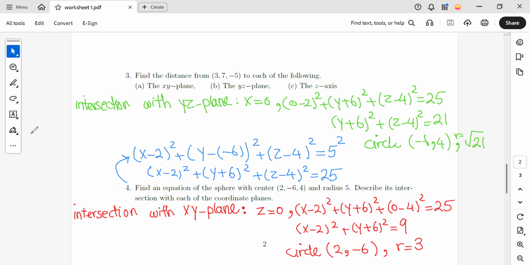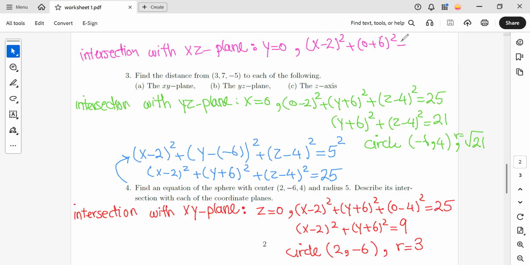Okay, and the last one is the intersection with the XZ plane. We know that we are going to set y equals 0, and we would have (x minus 2) squared plus (0 plus 6) squared plus (z minus 4) squared equals 25.